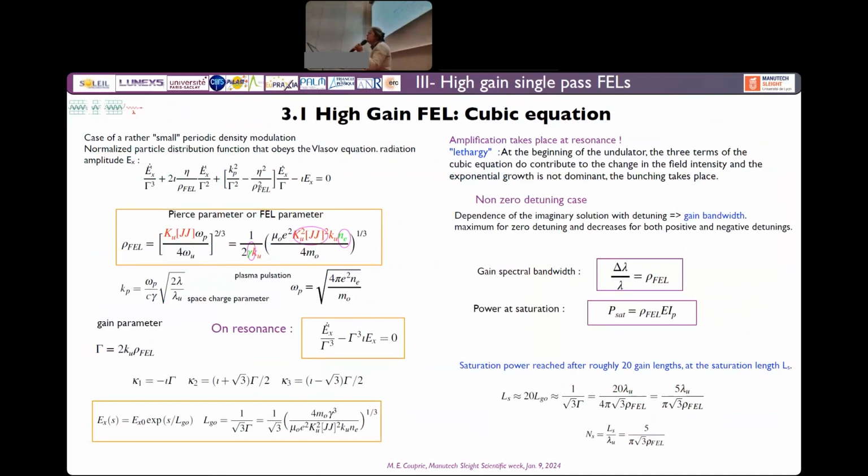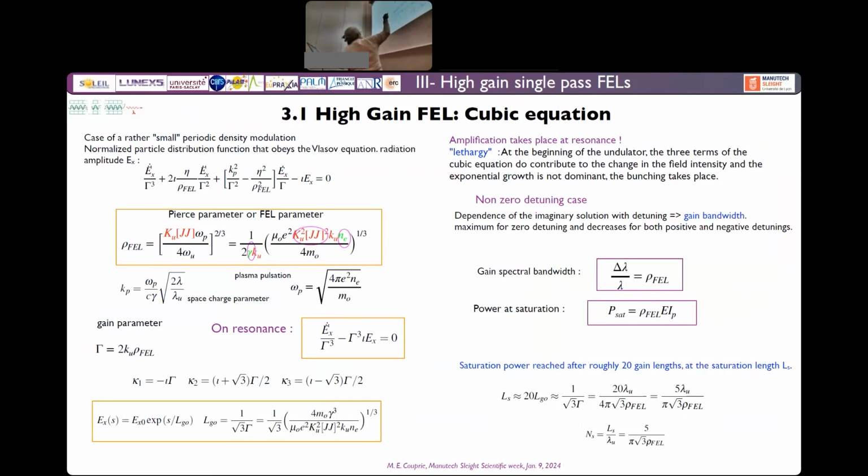So then if we combine these equations, we get the cubic equation, and we find different solutions, one with an exponential growth, which is defined by the Pierce parameter, or FEL parameter, which depends on the undulator deflection parameter and Bessel function term, on the electron beam energy, and on the electronic density. So on resonance, we have these three solutions and this exponential growth of the electric field.